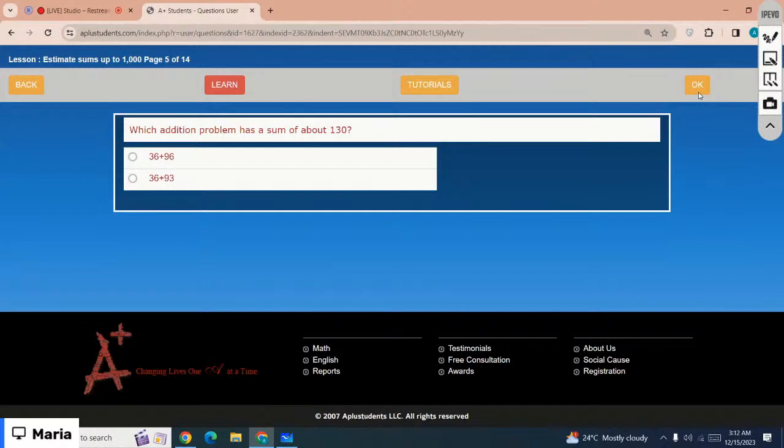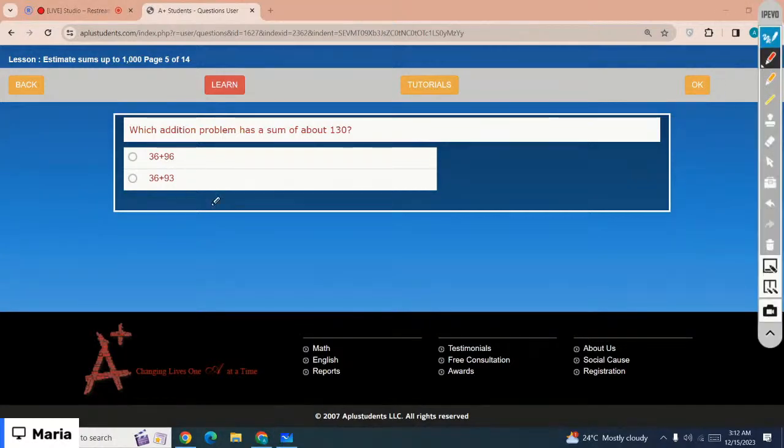Option number 2 is the correct option because 93 is rounded to 90. You can see here 36 is rounded to 40 and 96 is rounded to 100, right? And for this one, 36 is rounded to 40 and 93 is rounded to 90, right?